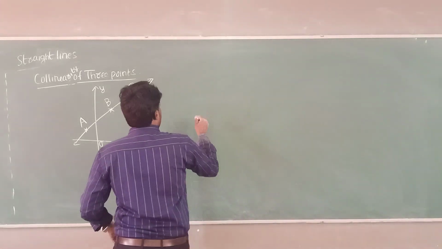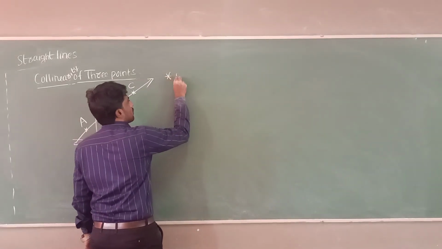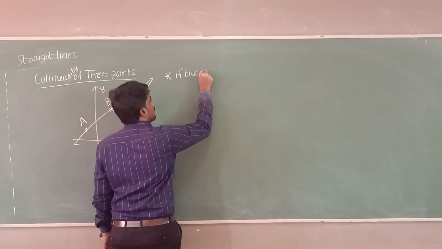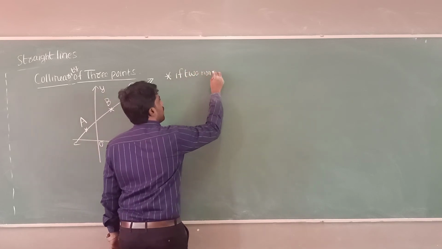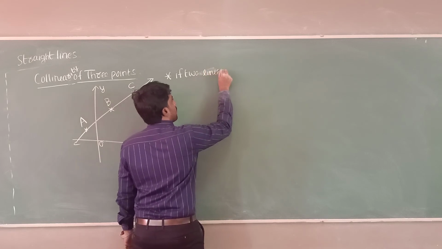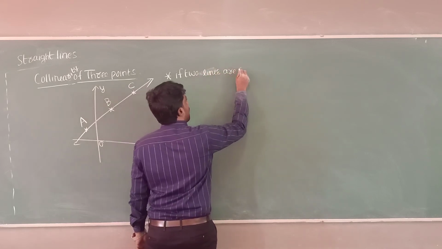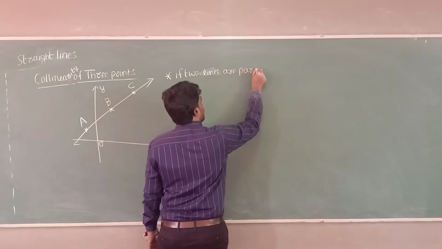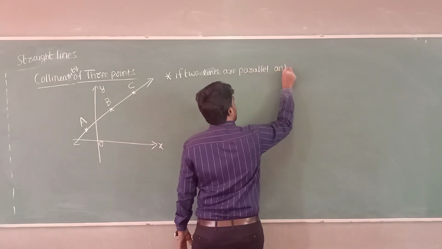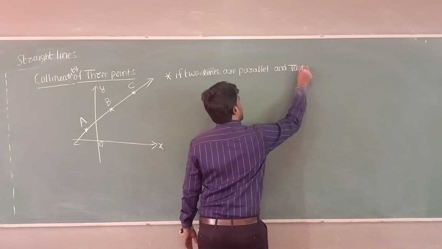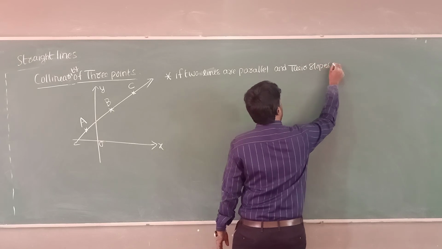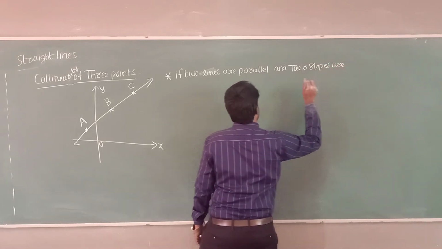All of you note down. If two non-vertical lines are parallel, their slopes are equal.